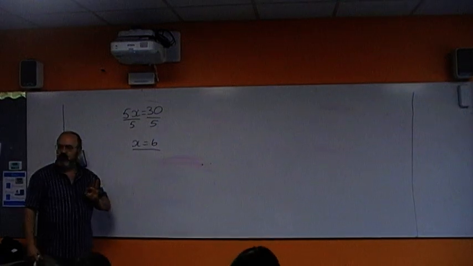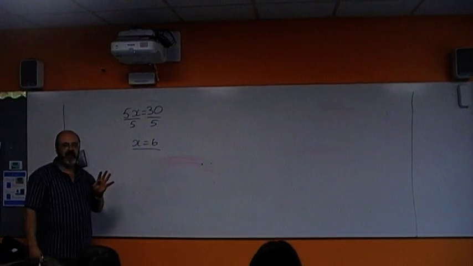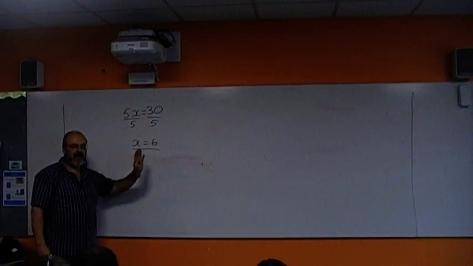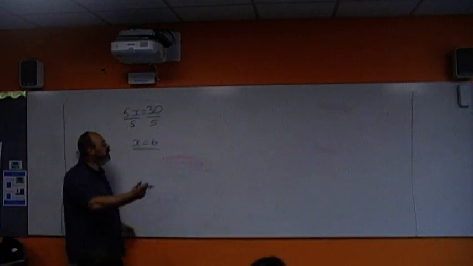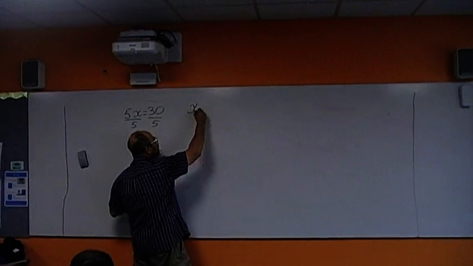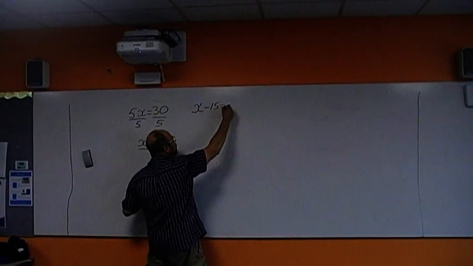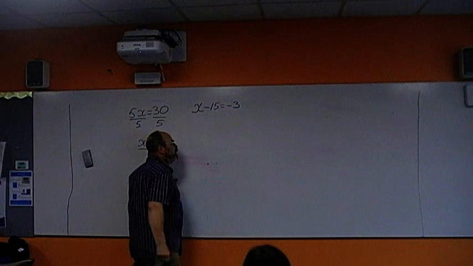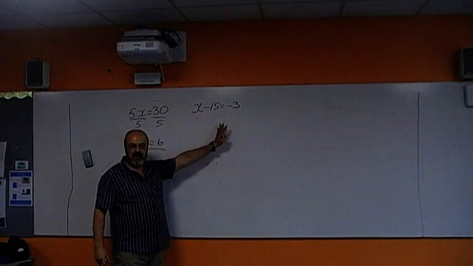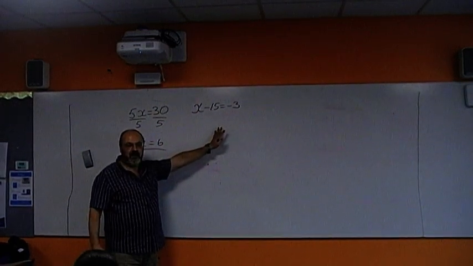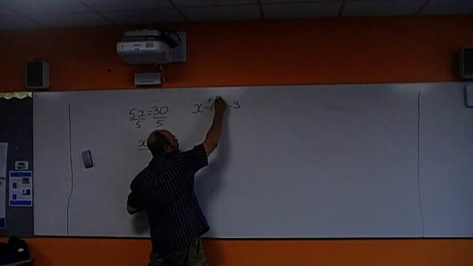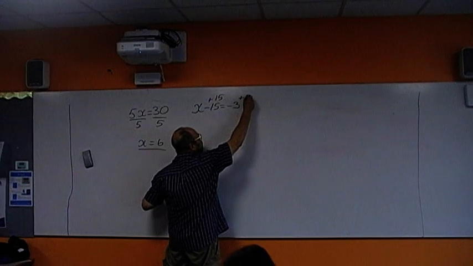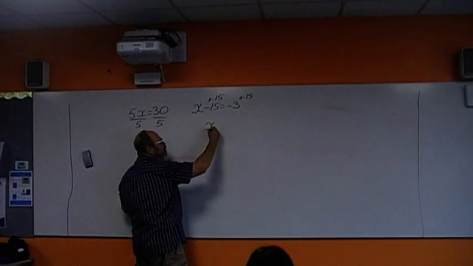If we do exactly the same thing to the left-hand side and right-hand side, we will get an equivalent equation. If we have x minus 15 equals negative 3, to make this equation equivalent, we do what? Plus 15 to both sides, and as we do the same thing, the equation will be equivalent.